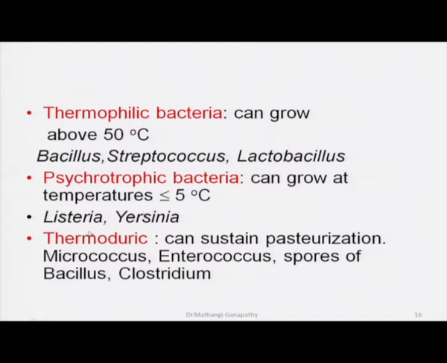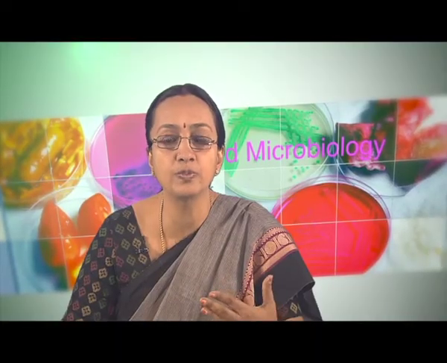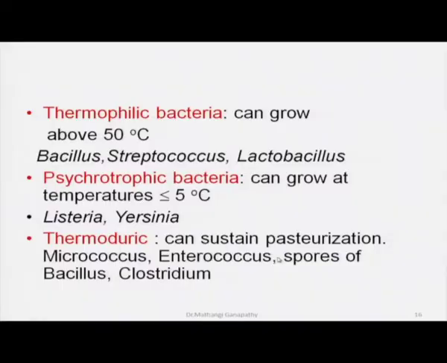Then you have the thermoduric organisms. These can sustain even the pasteurization temperatures. So your processing cannot be pasteurization. You would have to have some other mechanism to preserve such types of food, to prevent it from being inhabited by Micrococcus, Enterococcus, etc., which are thermoduric.